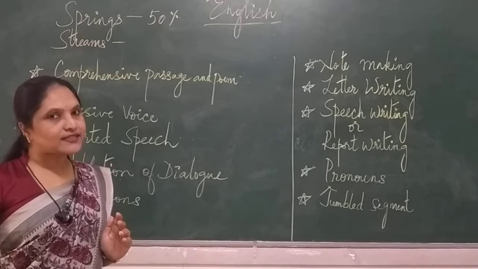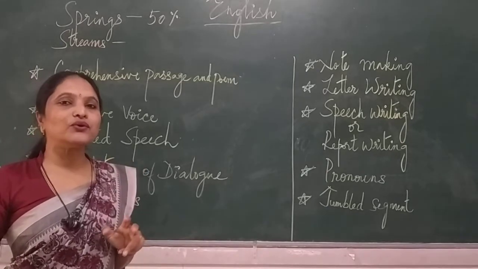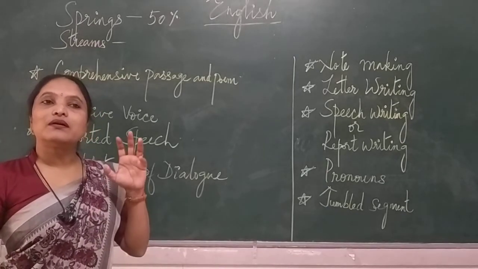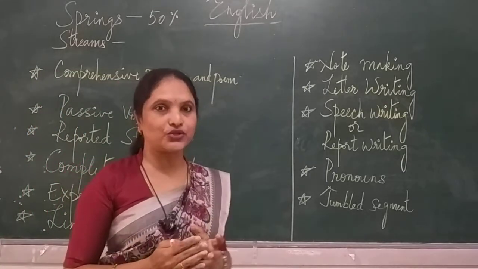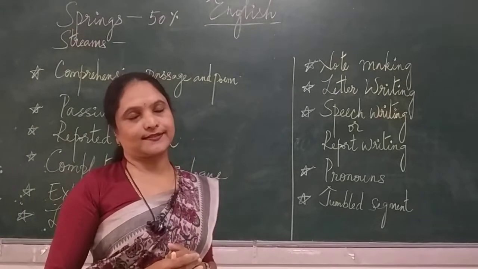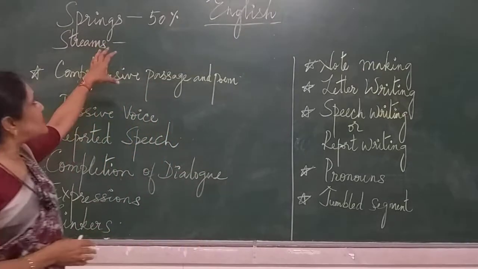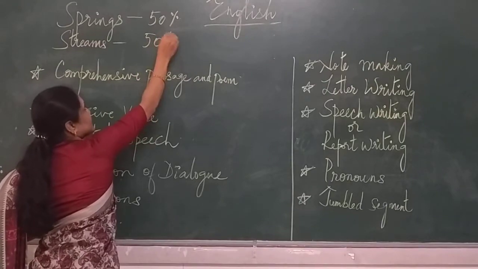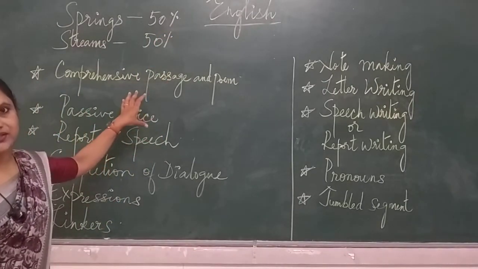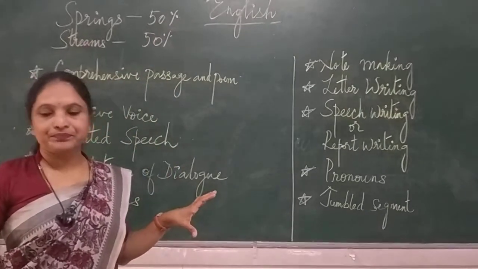Today in this class, I am going to introduce you to the grammar syllabus, which I am going to teach you in the future online classes. So, Streams, the workbook, also covers 50% of the questions in the question paper.